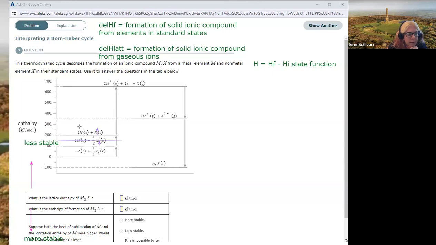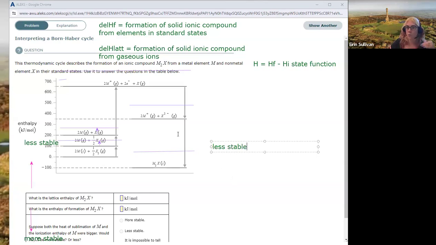Now, if the ionization energy was the same, then this line would move to here. But it was also saying, what if the ionization energy got bigger as well? So say the ionization got bigger on top of that, that's then going to move this line to here, which means this line, if this arrow stays the same, is about here, and then this would be up here somewhere. So that would correspond to being less stable, okay?